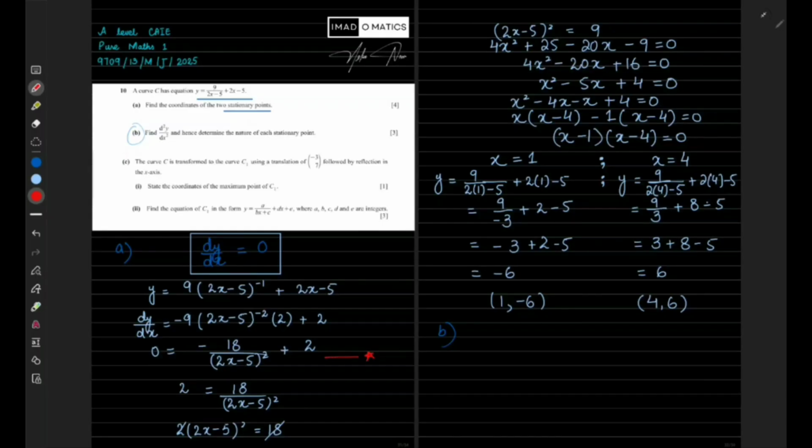Now we have to differentiate it again to find the nature of the stationary point. And we know how we get it: if this value is greater than 0, positive, then it is a minimum, and if it is negative, less than 0, then it is a maximum. So let's do that.